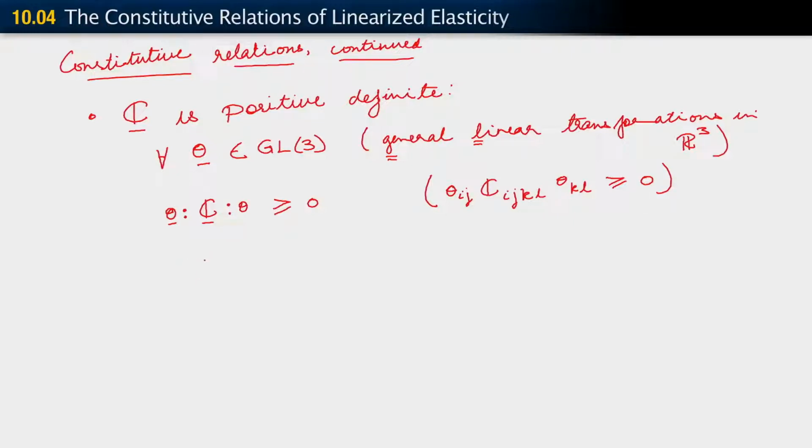In fact, what we can also show is that the equality, theta contracted with C contracted with theta equal to 0, which is one of the cases of the inequality on the previous line, this special case, the equality holds if and only if theta itself is the 0 tensor. This is the condition that holds.